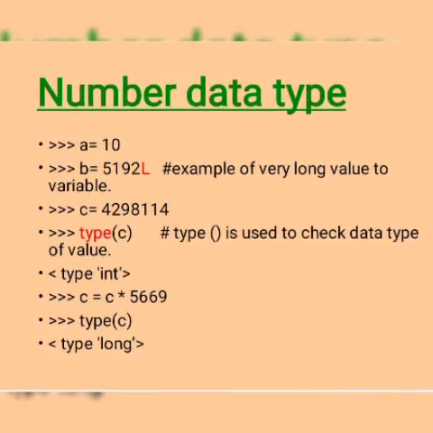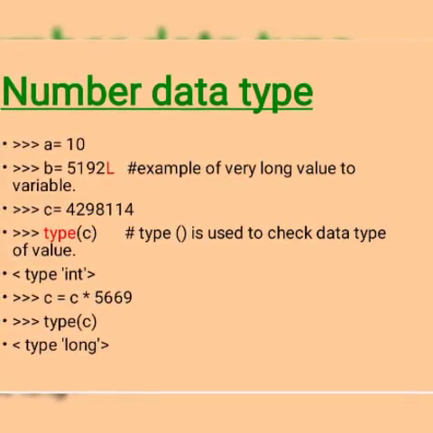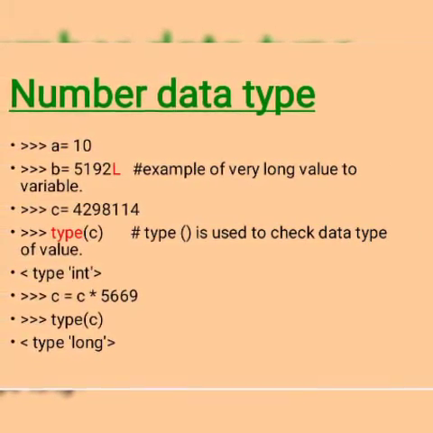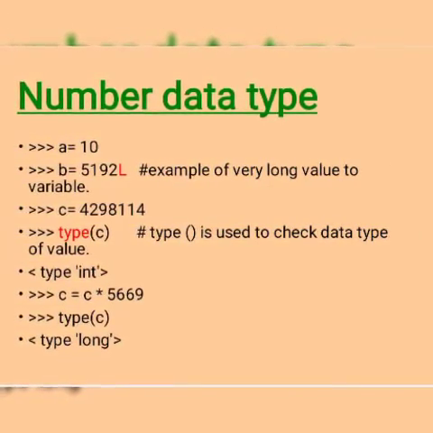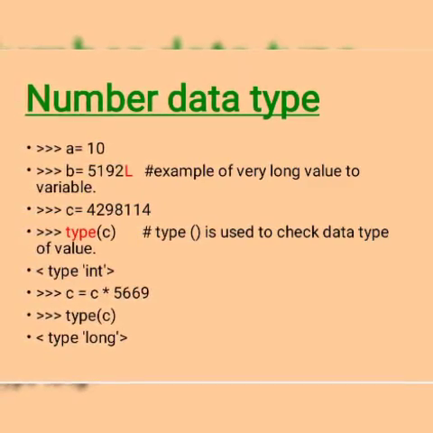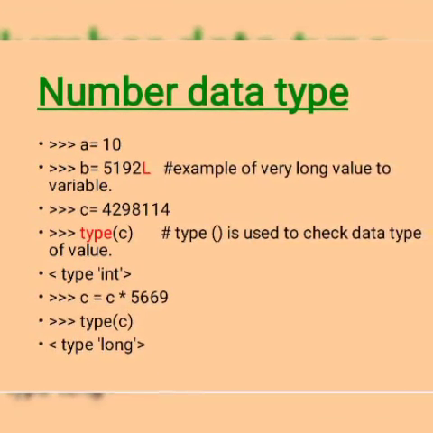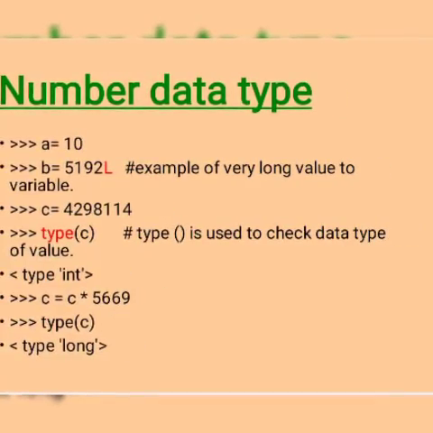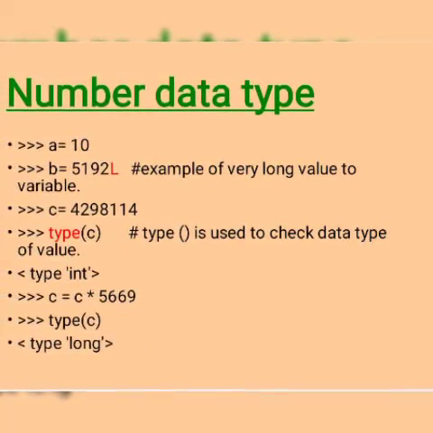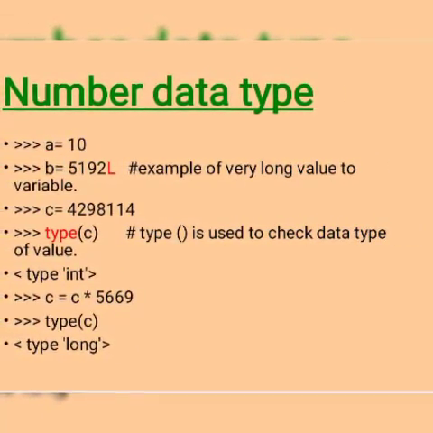When we do the product of these two numbers, there is always a greater number, and this greater number cannot be held in simple integer type data. So there is always the larger holder, that is, L, the long integer type data which can hold this type.